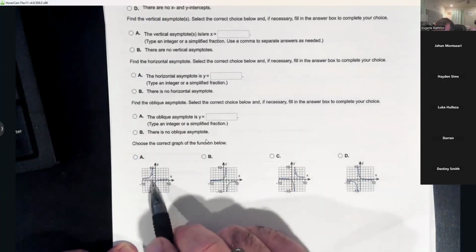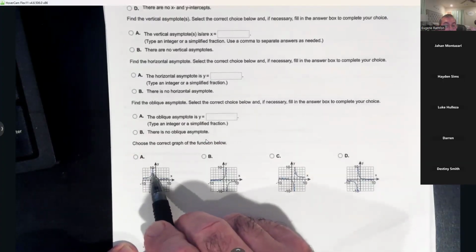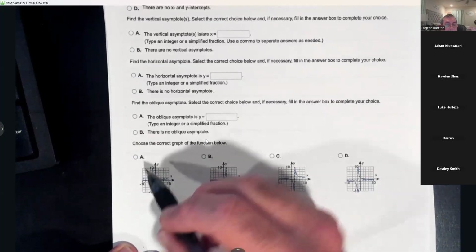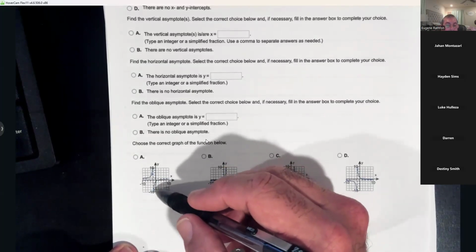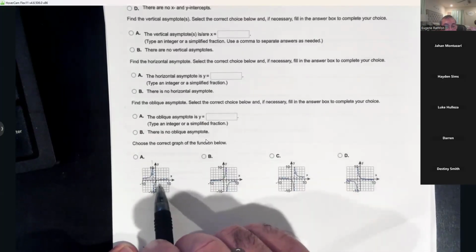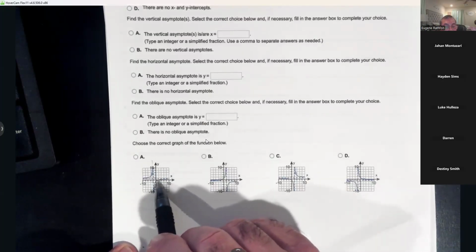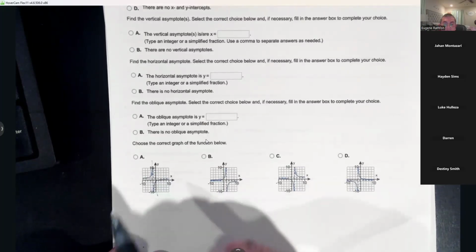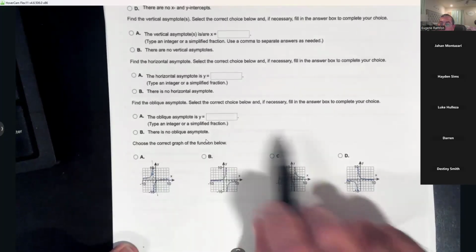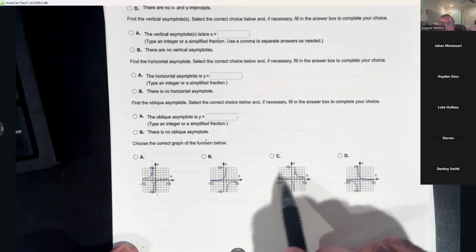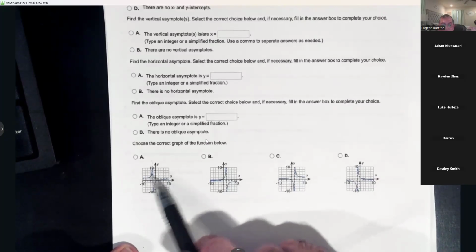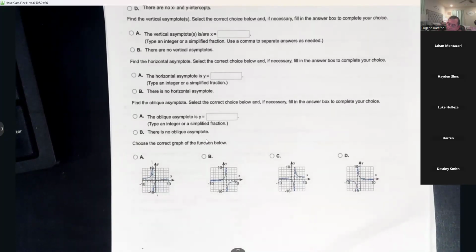And if you look right here, there is a hole at that negative 3. Your vertical asymptote that's left was at negative 2. And then there's the y equals 1 horizontal that the graph is trying to reach over time. Okay, so all of them are showing a hole, but we needed this one that looked like the graph we drew, okay?